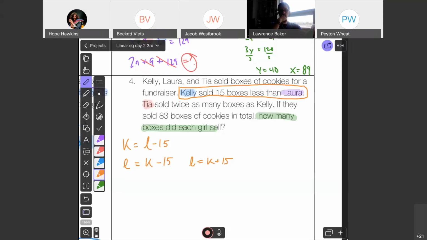Tatum, you're saying you don't think you can use the K minus 15. Why is that? Why do you think that?